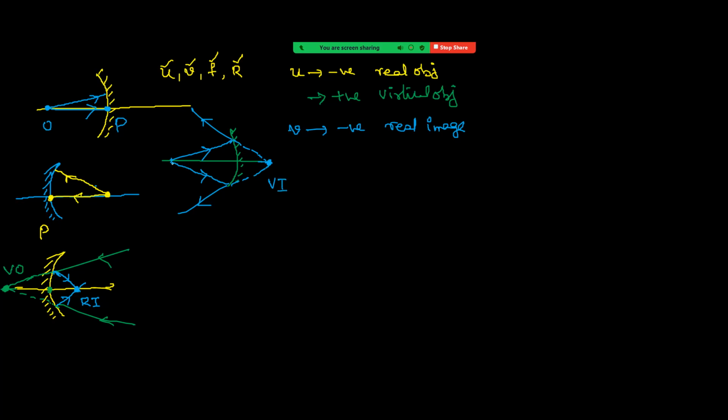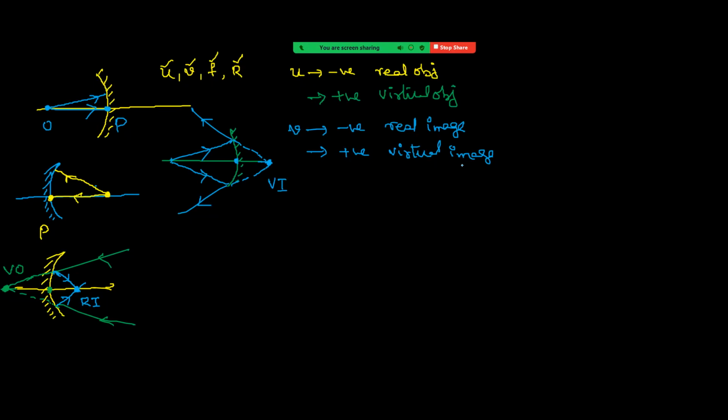You can see here, incident rays are traveling towards the right side. Therefore, right of the pole is the positive x-axis, left of the pole is the negative x-axis. That means v is positive for a virtual image.